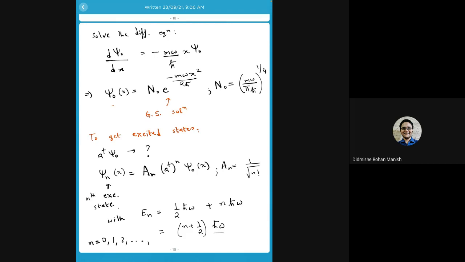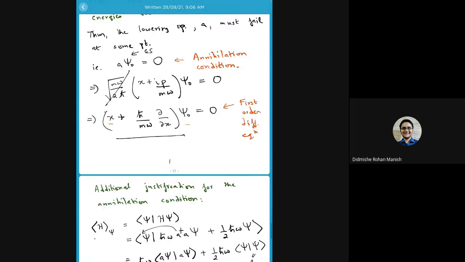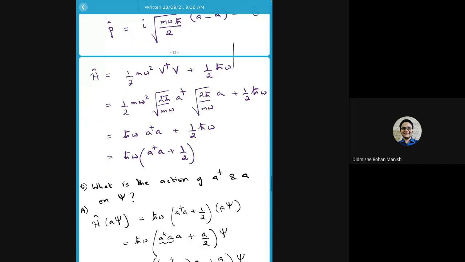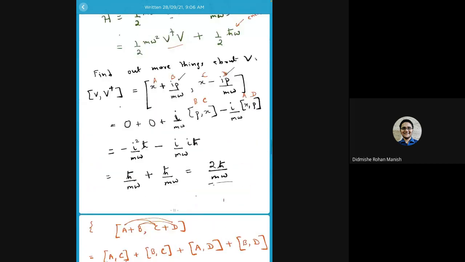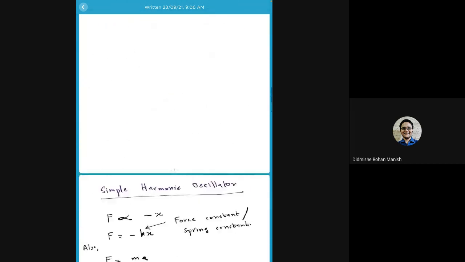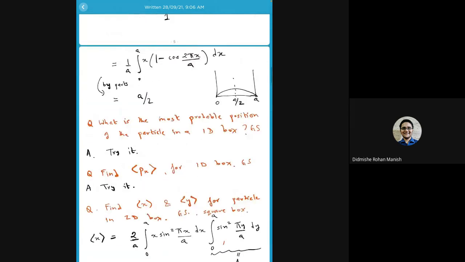Okay, so we'll do a little bit more, and then I'll show you how you can get the functional form of psi n as well, without any operators remaining. First, I'll just go through what we did before as a recap, because it's many steps and it's easy to forget what's happening.